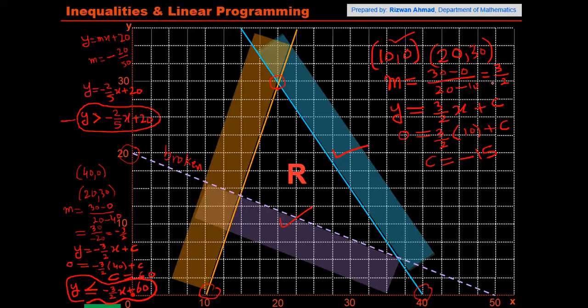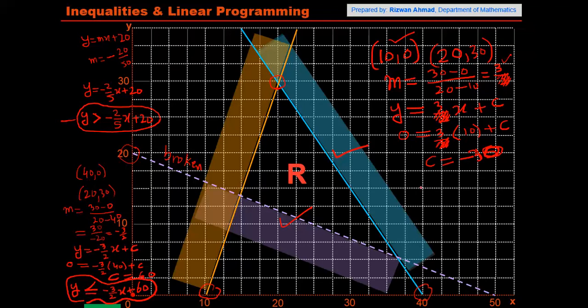So this is 30 over 10, which means it is only 3. So the gradient is only 3. So it means there is no 2 here, there is no 2 here. So it means we got that c is equal to negative 30. Okay, so it's negative 30.